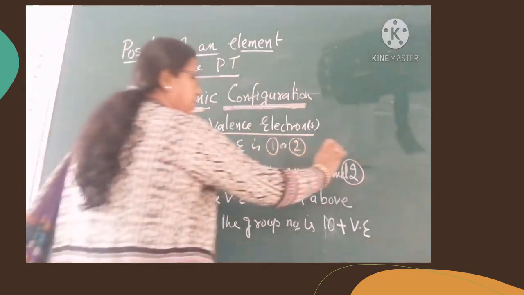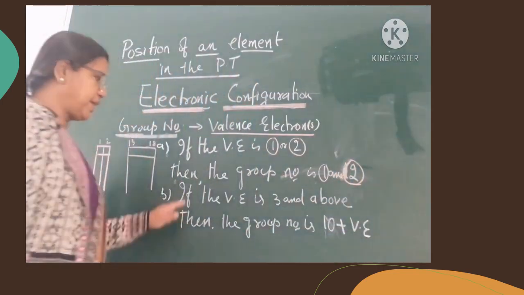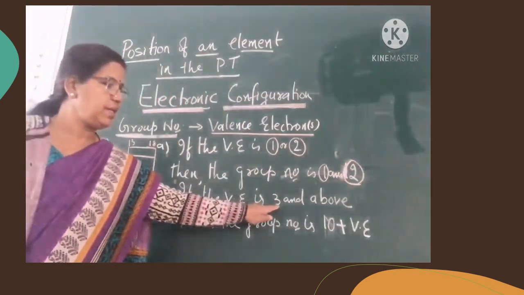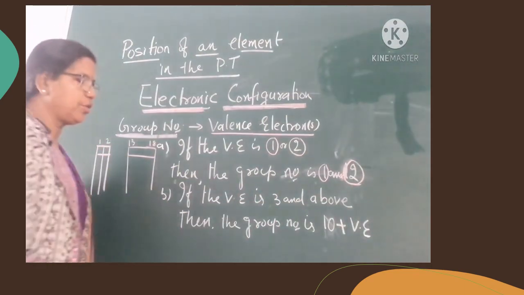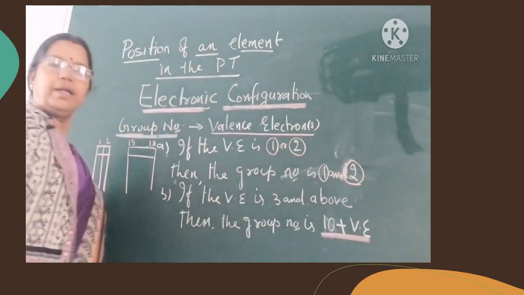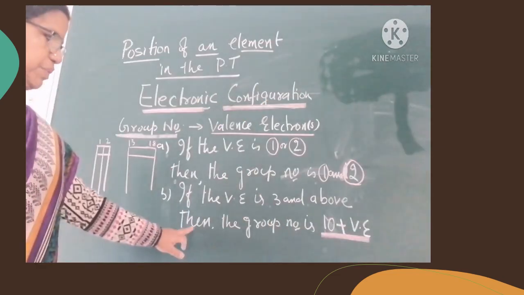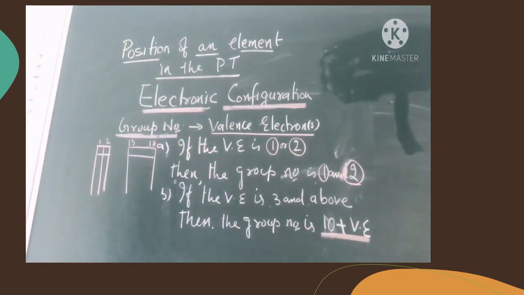If the valence electron is 3 and above, more than 3 up to 8, then the group number we can decide by adding 10 to the valence electrons. That means the group number is equal to 10 plus valence electrons.